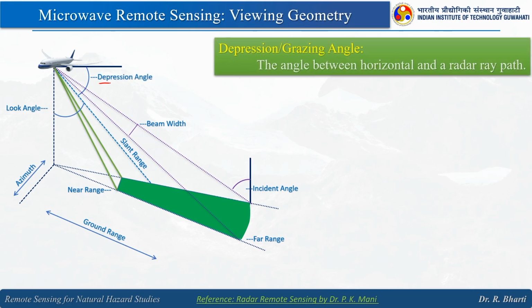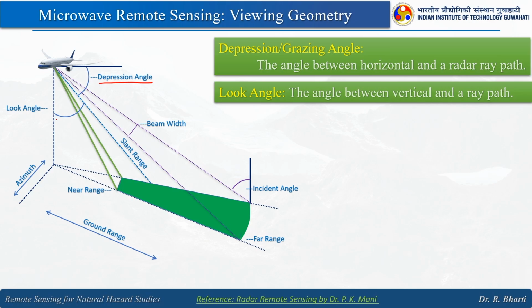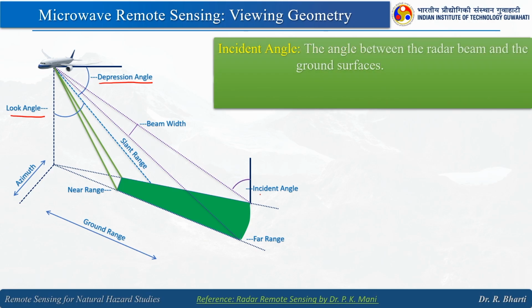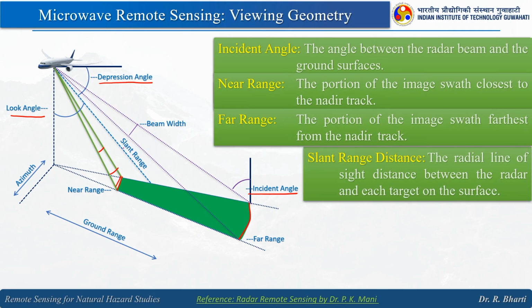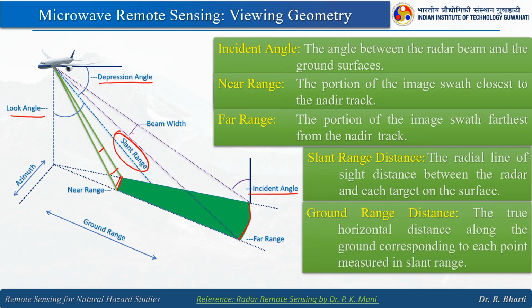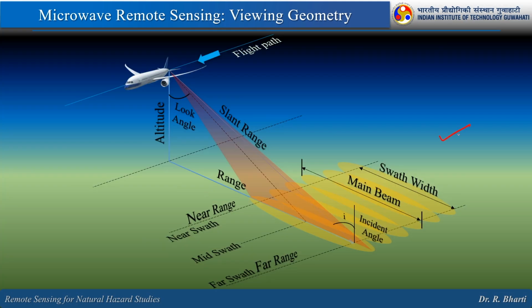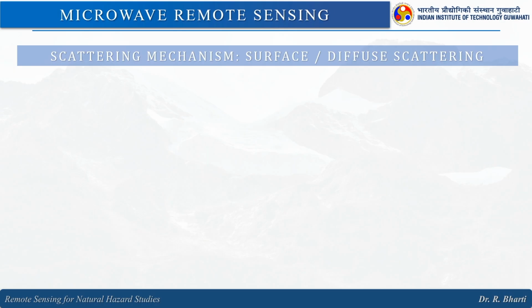So, the depression angle, then we have look angle, then you have incident angle, then you have near range. This is the far range, this is the slant range, this is the beam width which is illuminating on both sides, right. So, this is another representation of the viewing geometry of a microwave remote sensing sensor, how it generates the data using this particular configuration, right.